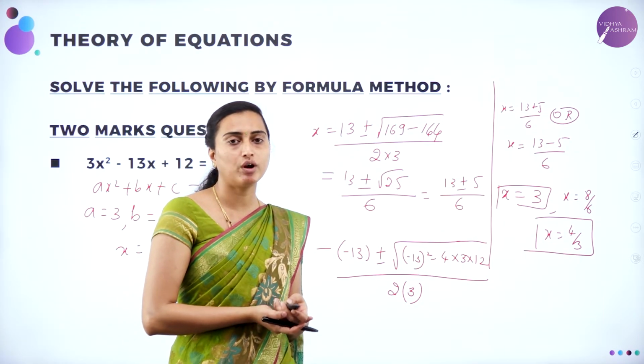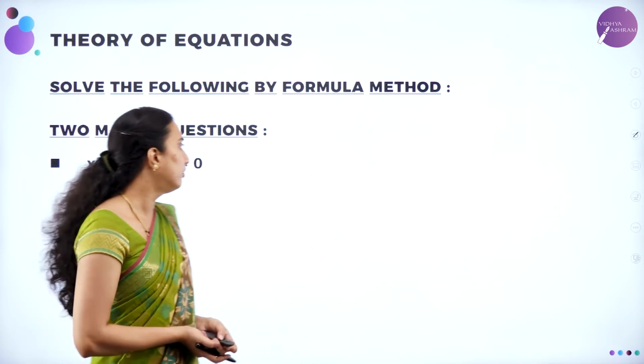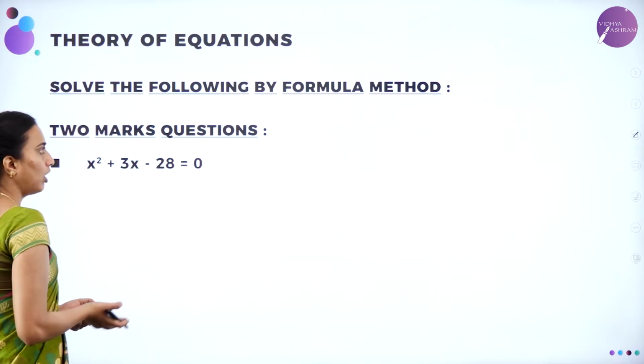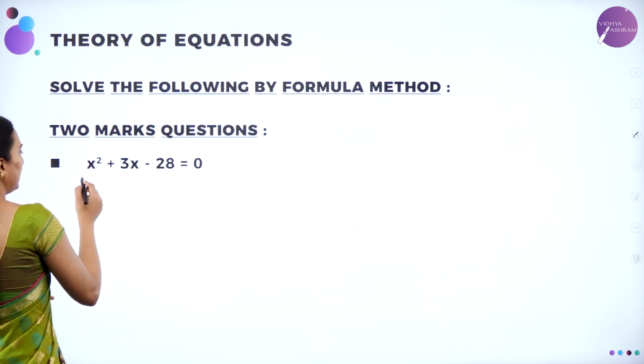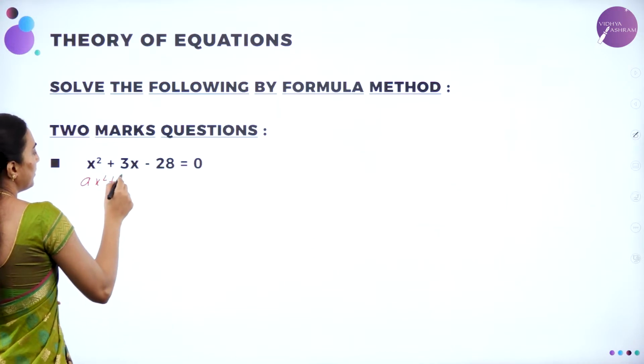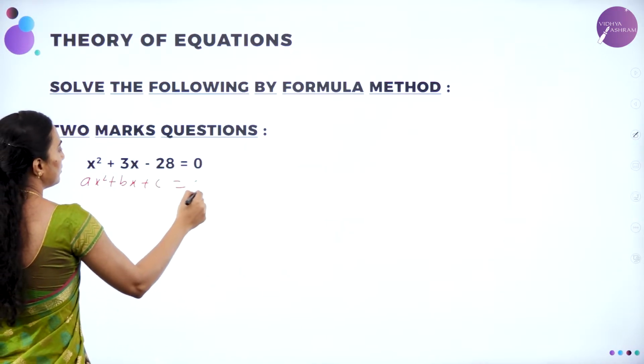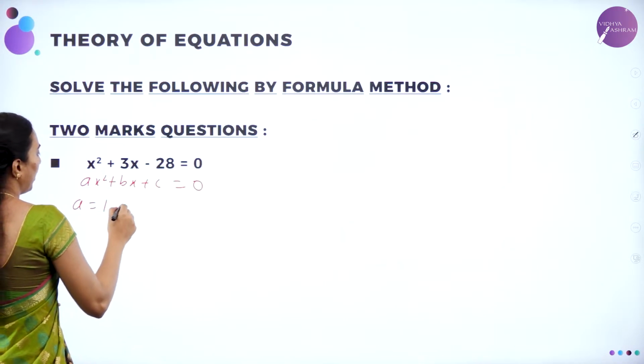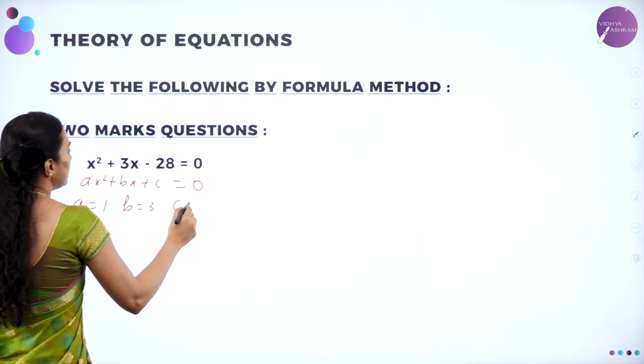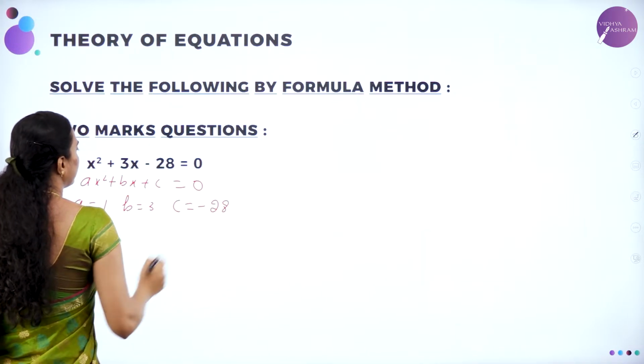I hope you got this one, how to solve by formula method. We'll move on to the next problem. Solve by formula method only. So comparing this with ax squared plus bx plus c equal to 0, a value you are getting 1, b value is 3, c value is minus 28.